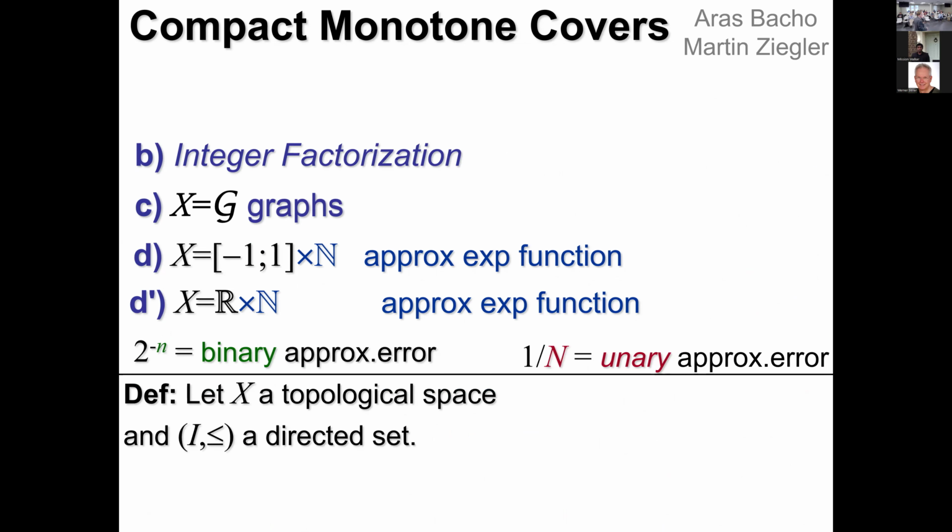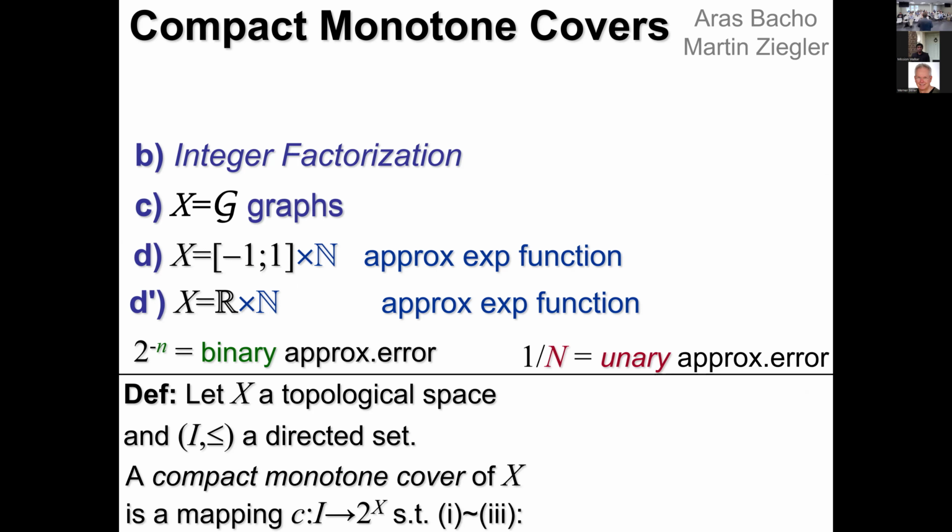Fix a topological space and a directed set, which serves as the parameter space. A compact monotone cover is a mapping from this index set to the power set of the space, which maps actually to the compact subsets of the space.